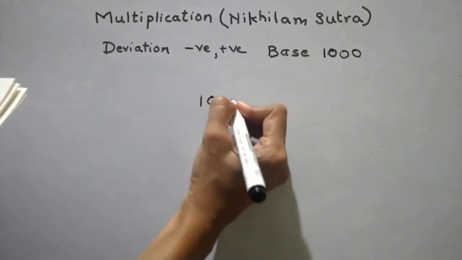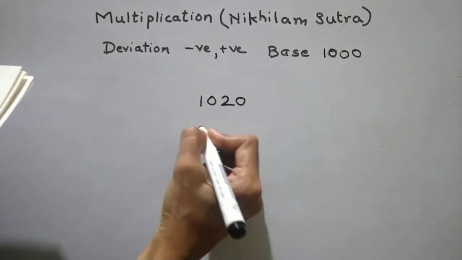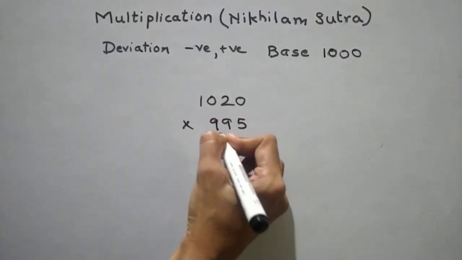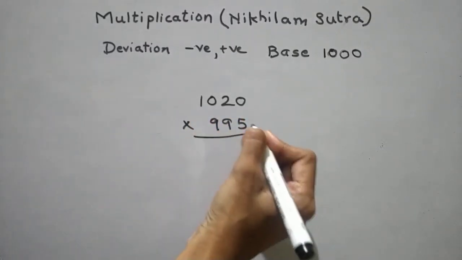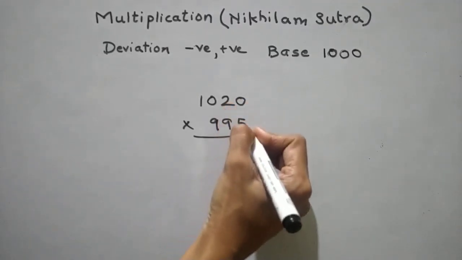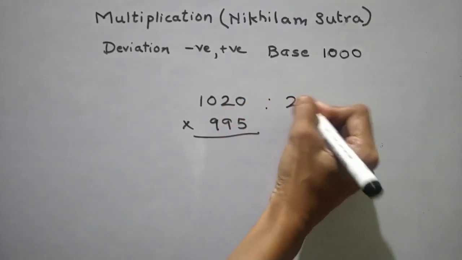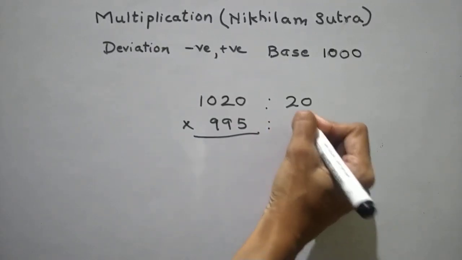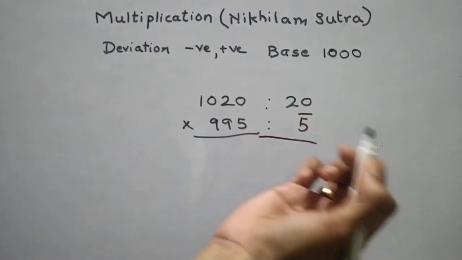Let's say 1020 multiplied by 995. Here the deviation is positive and here the deviation is negative.